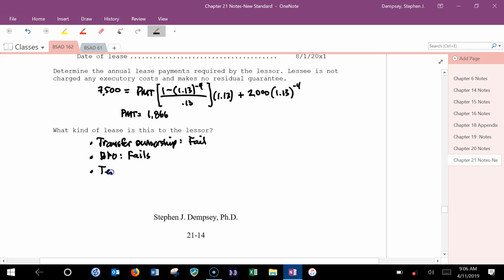The term of the lease. Well, it's 4 years. The economic life of the asset is 6 years. That equals 0.67. Does that pass the test? No, it's less than 75%. It fails. Present value of the lease payments, the fourth of 5 criteria.